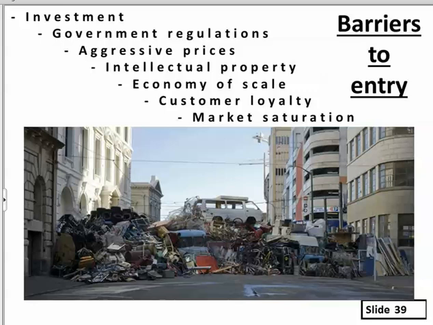Let's say that you invested in a building, you're paying $1,000 a month rent on a building, and you're making pies. You have a bakery, you're going to sell pies, and you have one oven and one freezer in the back and one refrigerator. You can make a certain number of pies with that equipment. Now your cost per pie is going to be a certain amount.